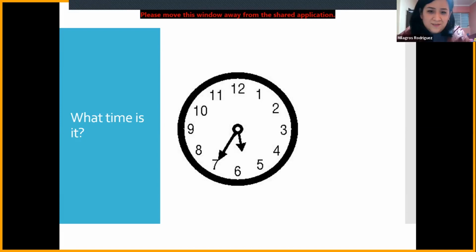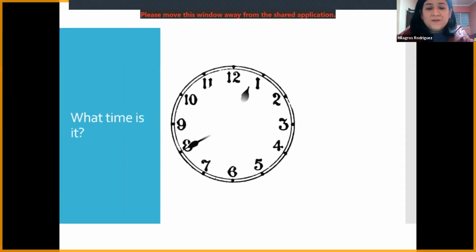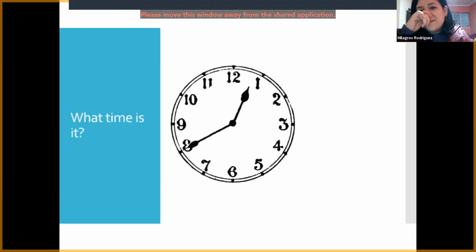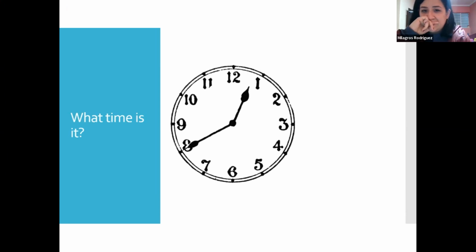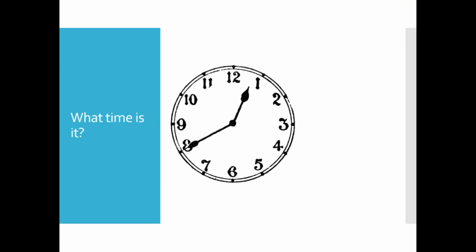Okay, 25 to 6, yes, good. What time is it in this clock? It's 20 minutes to 1. Yes, 20, right? You don't have to say minutes, only 20. 20 to 1, which means 12:40. 12:40 or 20 to 1. Good.